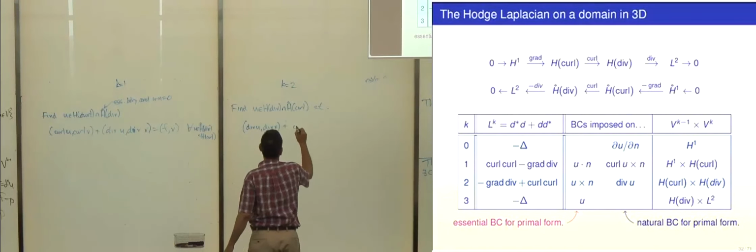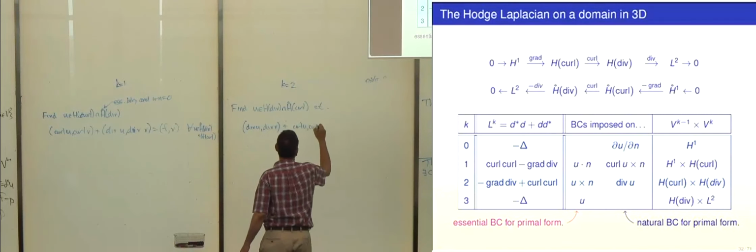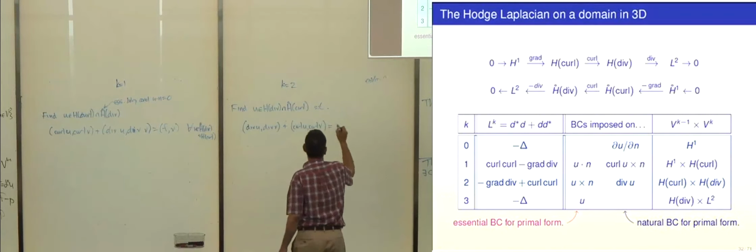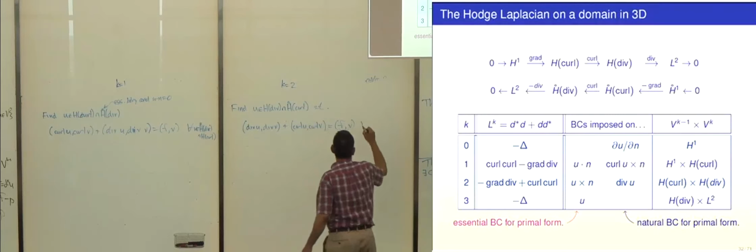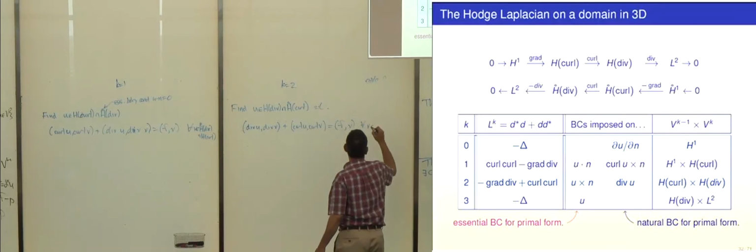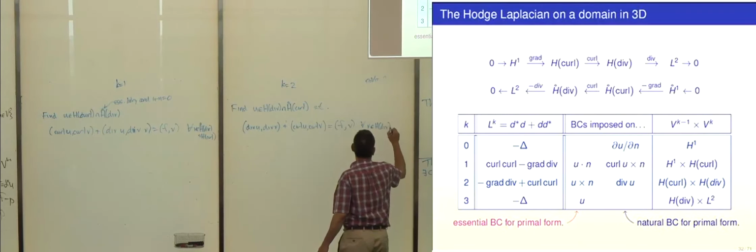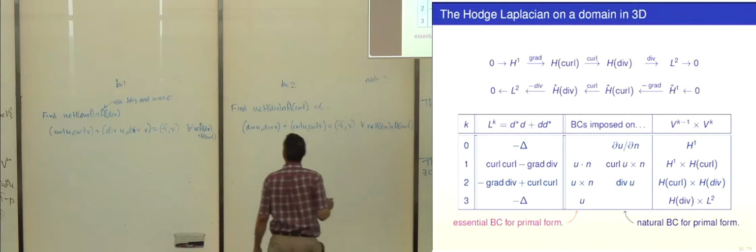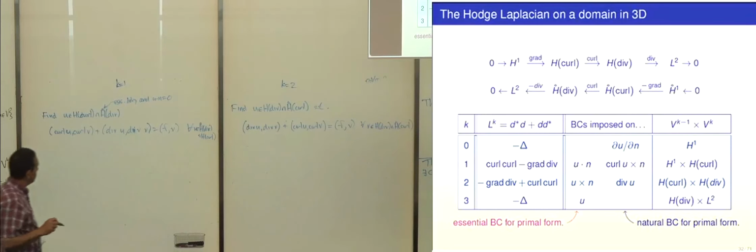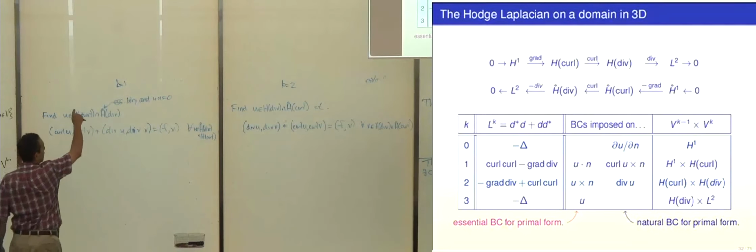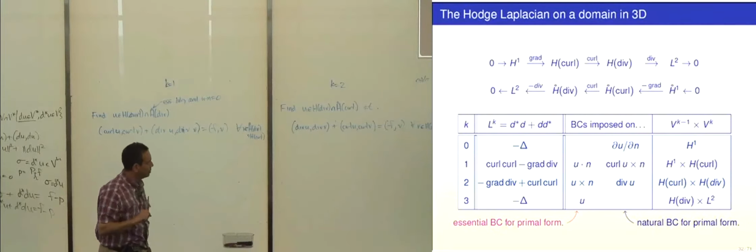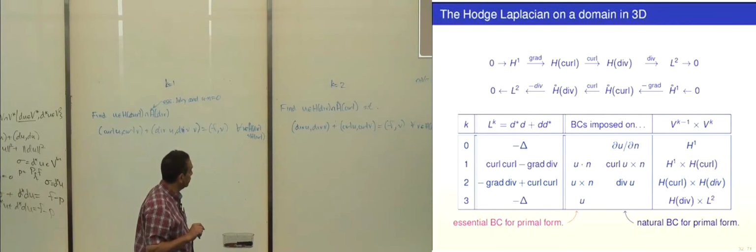And the d star operator is curl. And this would be for all v in H div intersect H0 curl. So it's the same problem, except that the 0 is on the H curl space instead of the H div space. So it's the same problem with different boundary conditions.